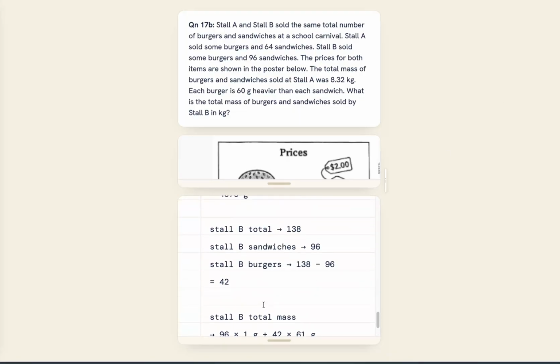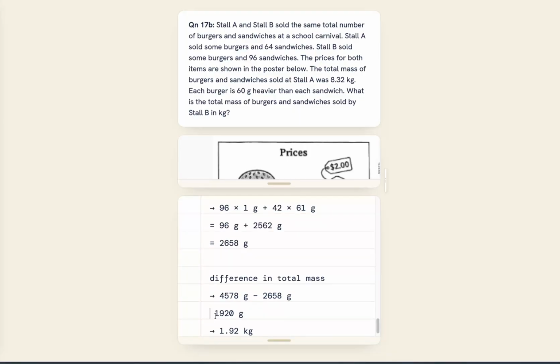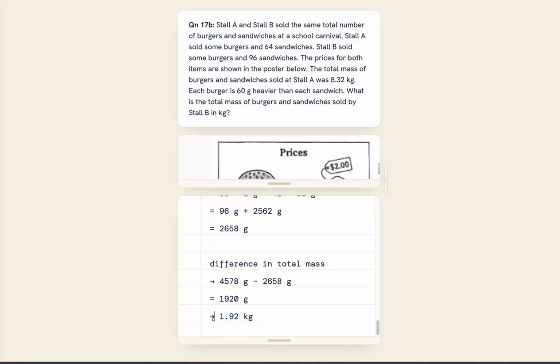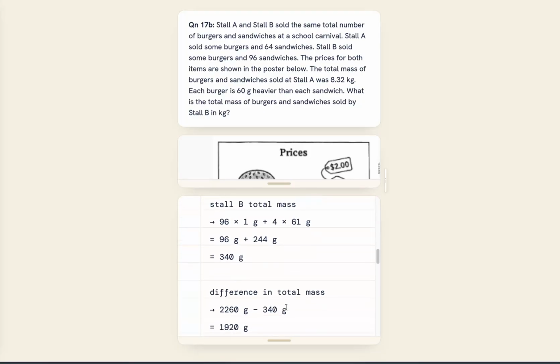We will calculate the burgers and sandwiches and the mass as well. And this will give us 2658. Then if we calculate the difference in total mass, it will be 4578 minus 2658. And this will give us 1920 grams or 1.92 kilograms. The same as if it were to be 100 total.